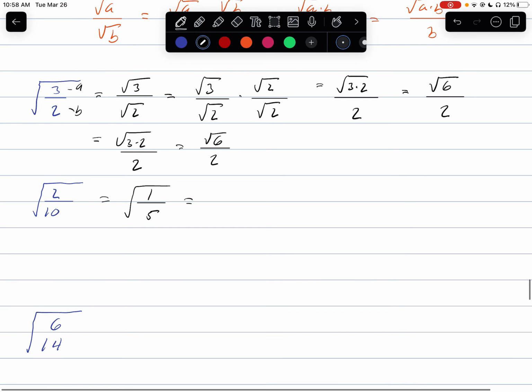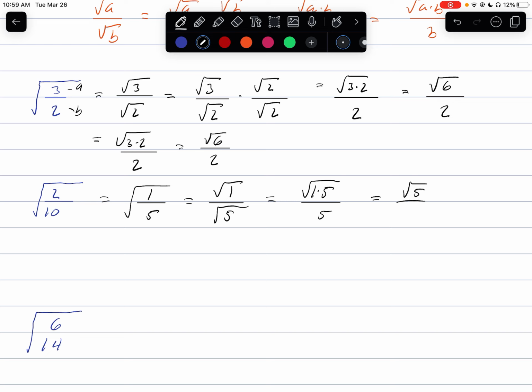We first need to get it into the square root of 1 over the square root of 5, and then we can rewrite this as the square root of a times b, which will be 1 times 5, over b, which is 5. And so we end up with the square root of 5 over 5.